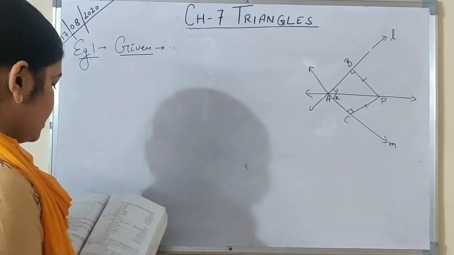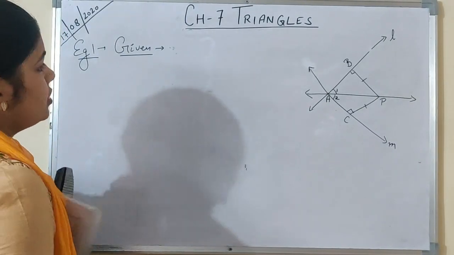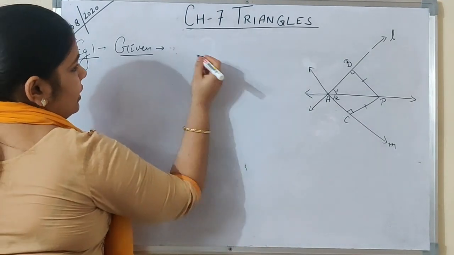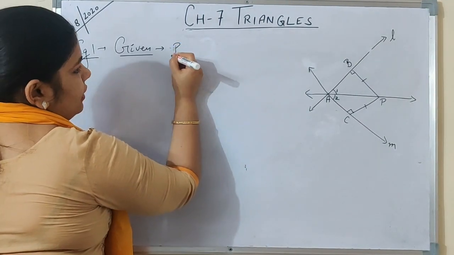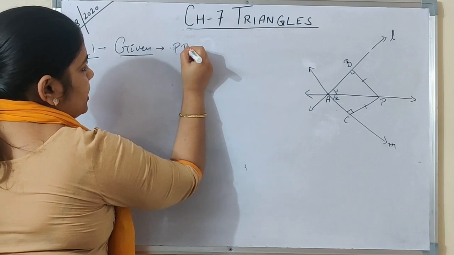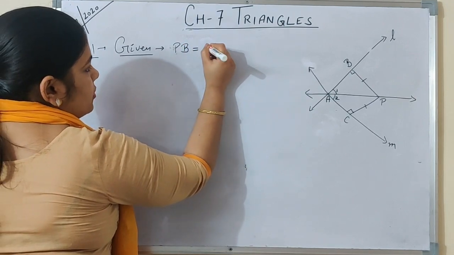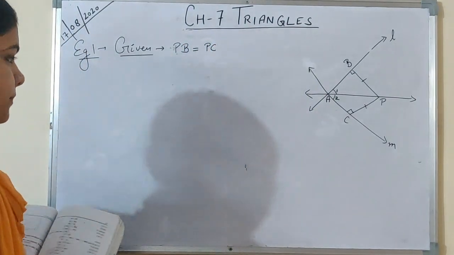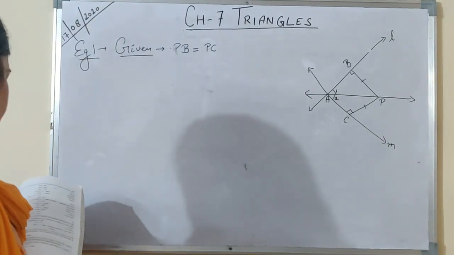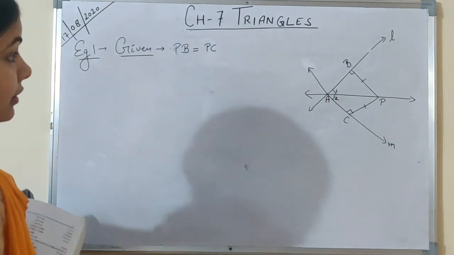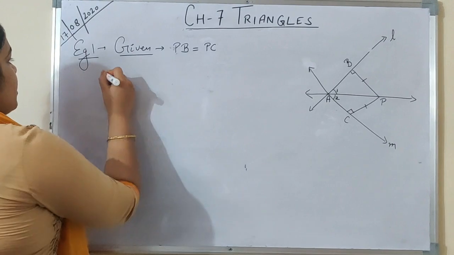Now first, what is given to us? I am writing that first. You can see that PB is equal to PC is given to us. Now what else is given? What else have I taken actually?